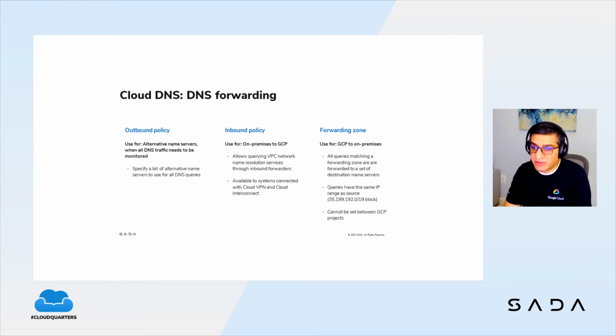We have what we call a forwarding zone, and a forwarding zone is a configuration where you say for all name resolution requests for that specific domain, send it all to that IP address. This is really common with AD servers when you have an Active Directory integrated DNS and you just want to forward all name queries to that domain to that specific DNS server. So we support that through the use of forwarding zone.